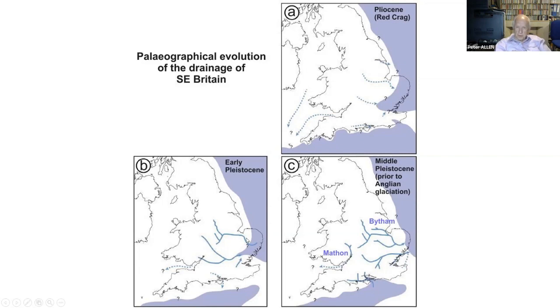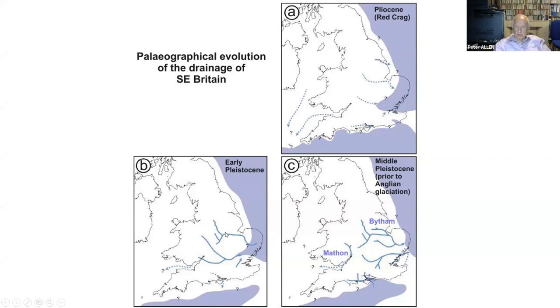And you can see rivers beginning to develop, particularly the Thames system, and it was extending, possibly into the Midlands and possibly right through to North Wales, and also an arm of it extending into South Wales. I'll talk about that a bit more in a moment.